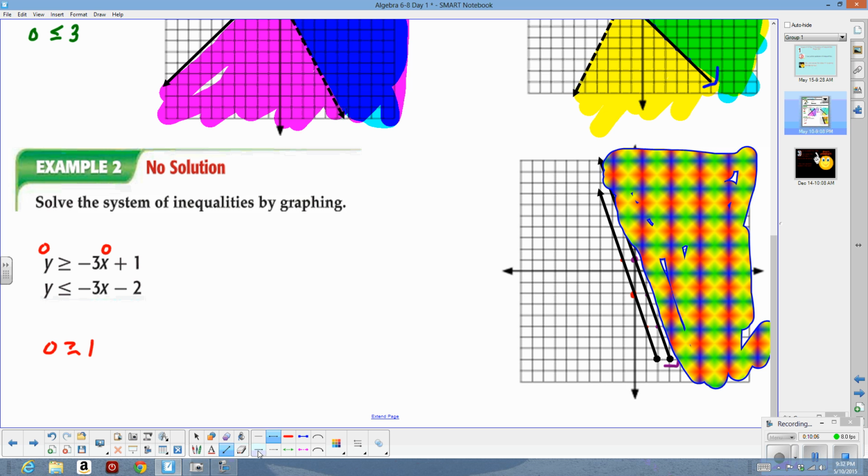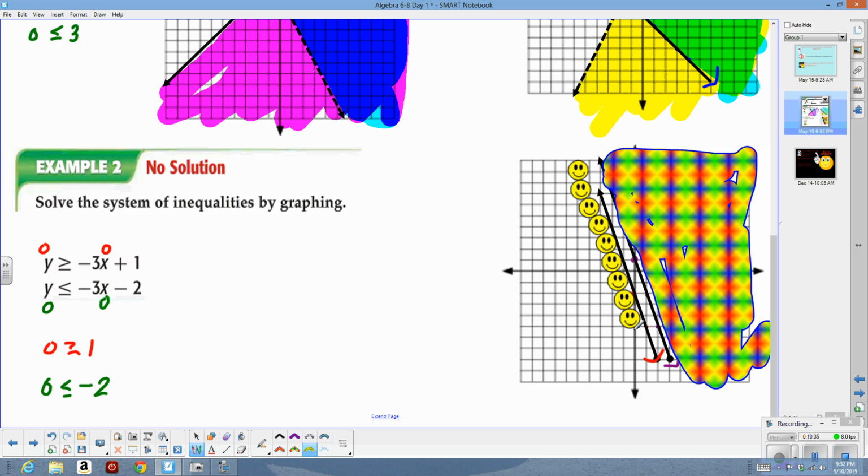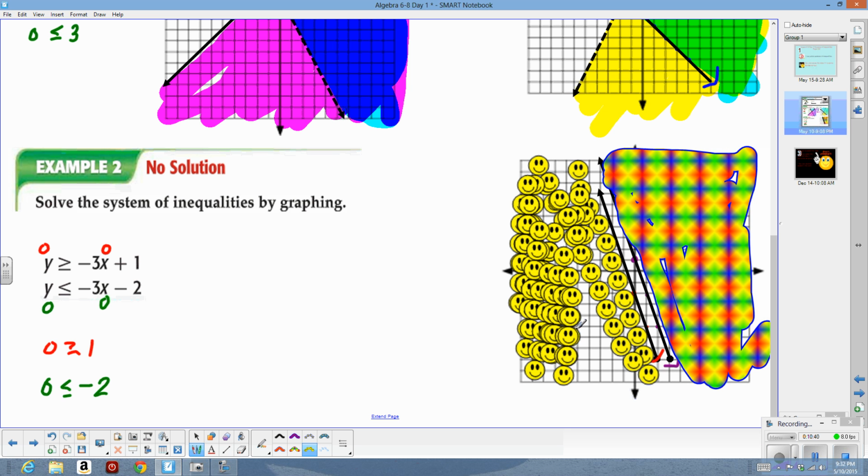Let's go ahead and test 0, 0. 0 is less than or equal to negative 2, and that is not correct. So 0, 0 is not part of the solution, so we want to shade the opposite side. If we shade this part of the line, at no point will my two shadings overlap, so therefore there is no solution.